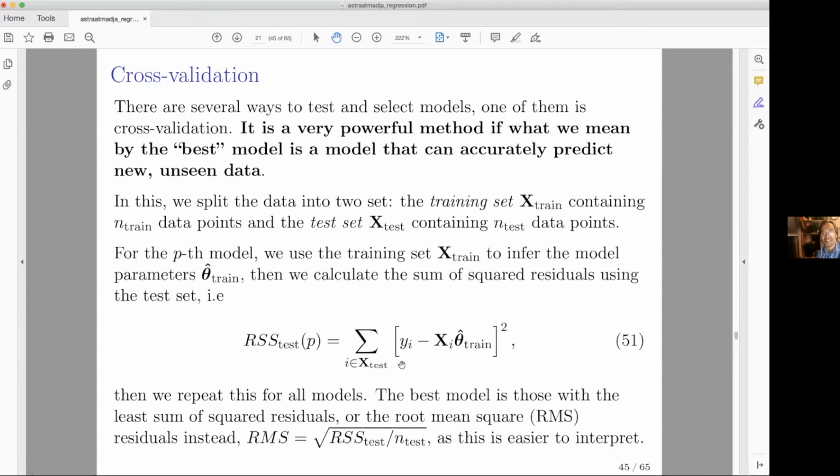So it goes like this. These are the parameters that we get from the training set, and then we predict the value, compare it with the data in the test set, and calculate the residual sum of squares.